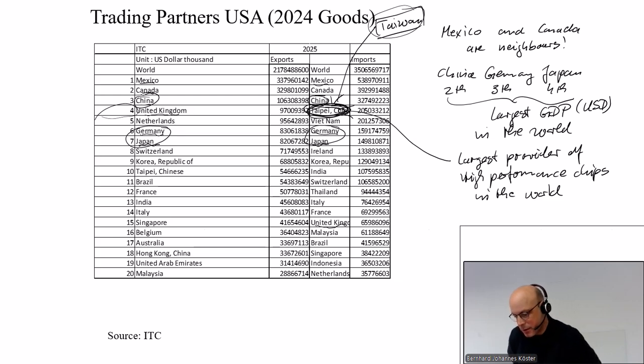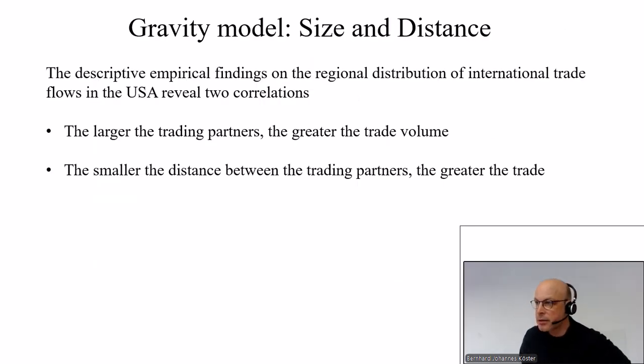Okay, so this is now just the descriptive explanation, and this is then also, very surprisingly, the reason which we are feeding as theory in our gravity trade model.